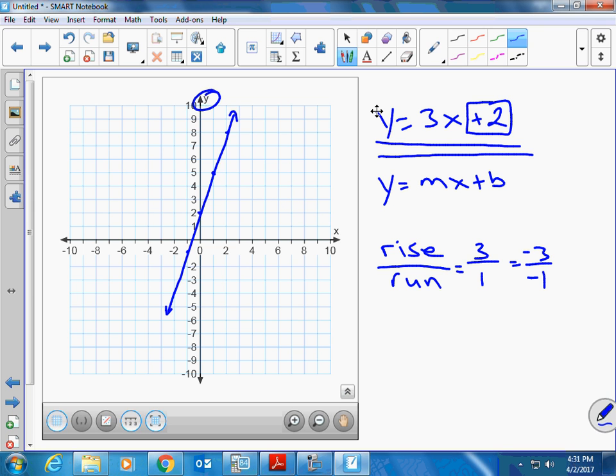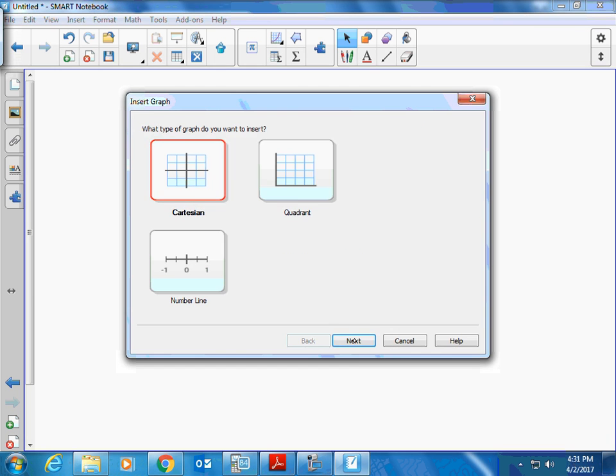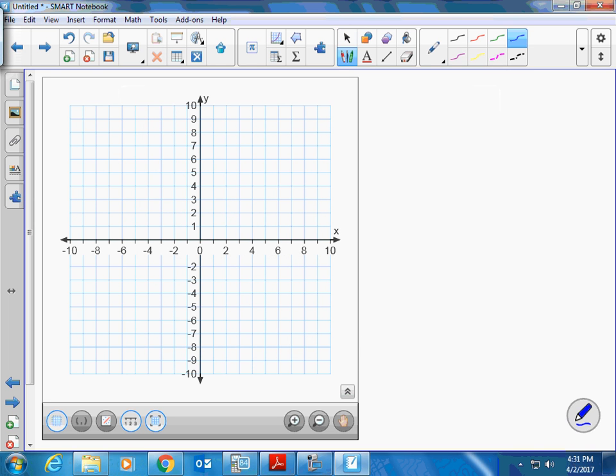All right? You should be able to go backwards. So if I give you a graph, and I tell you to write me the equation, or your textbook asks you to write the equation of that line, what would you put?